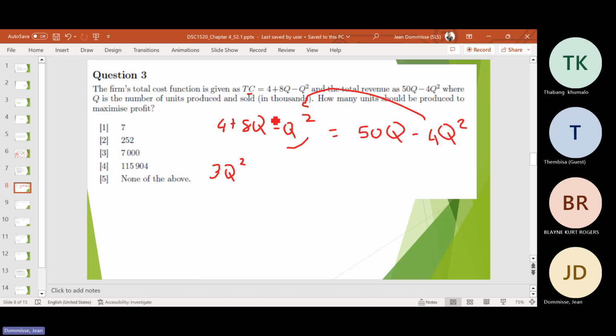The 50, I'll take everything now to this side, so it becomes minus 50, so it becomes minus 42q. And then, there's nothing else, plus 4. So that now is your function, your total cost minus total revenue.